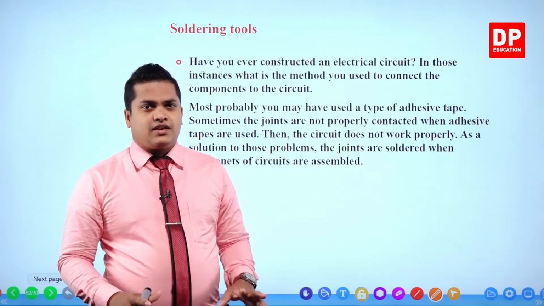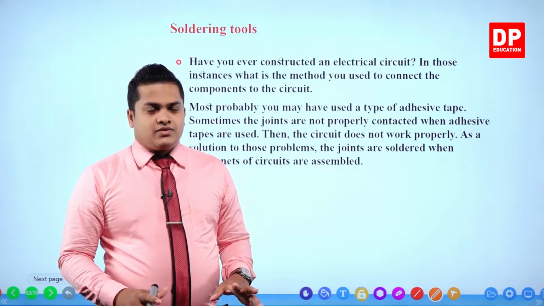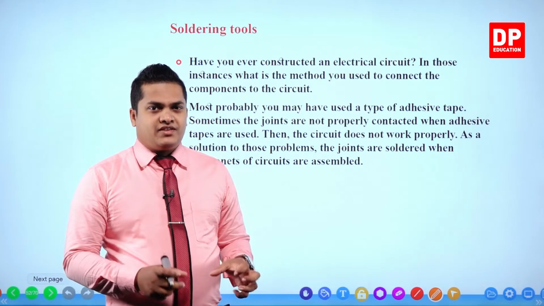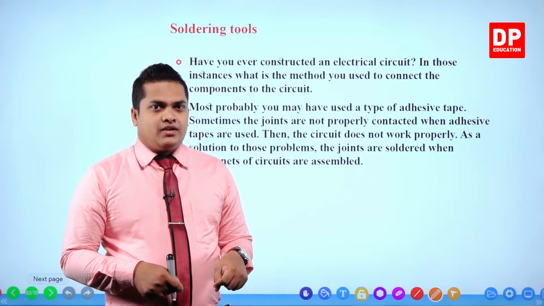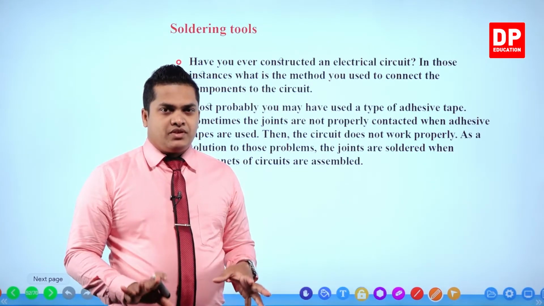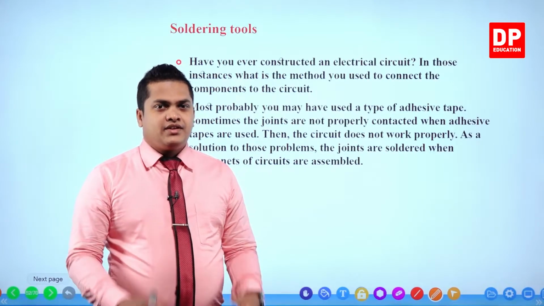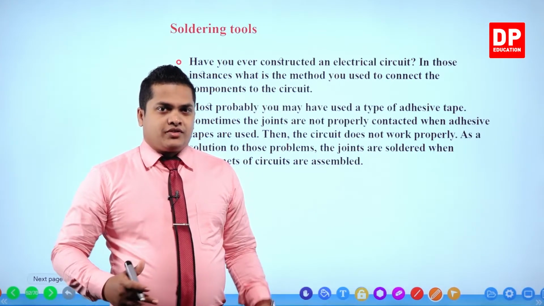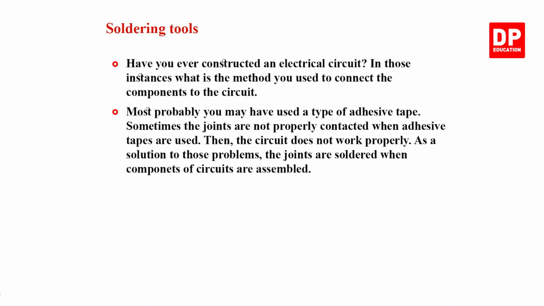There are several components, and all of these should be fixed to a circuit board. That way it's going to emit light or play music. Like that, different circuits can be made.